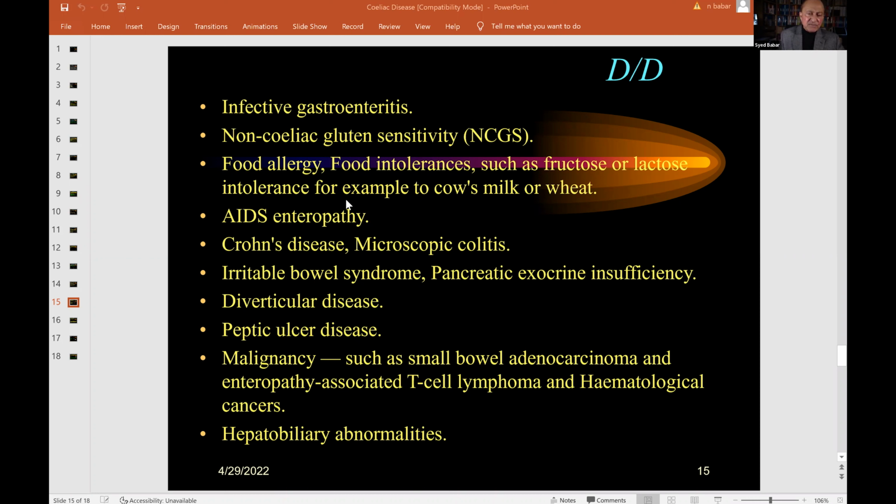In AIDS enteropathy, similar conditions occur. Diagnosis should be excluded of Crohn's disease because organs involved might be scattered with skipped lesions, or they may be localized large individual lesion with microscopic colitis seen on endoscopy and biopsy.